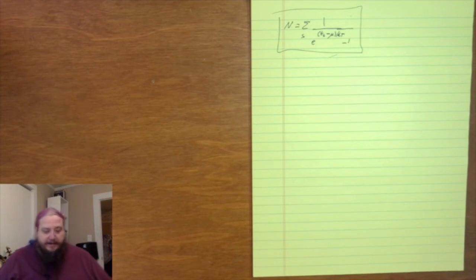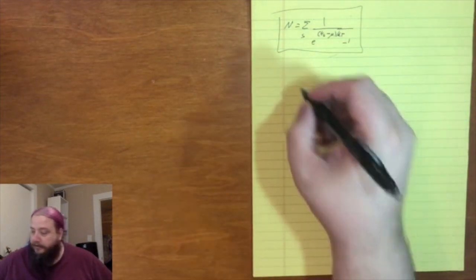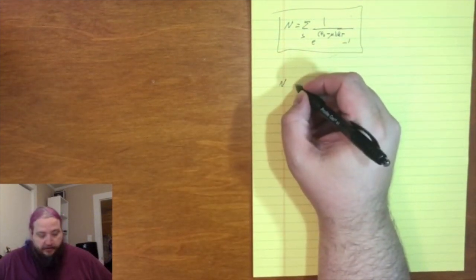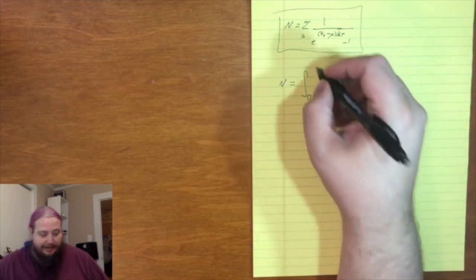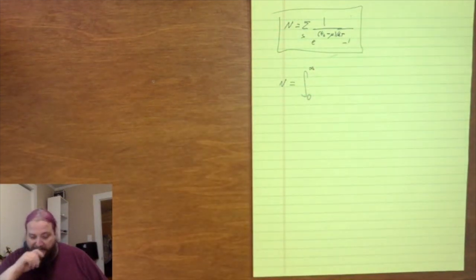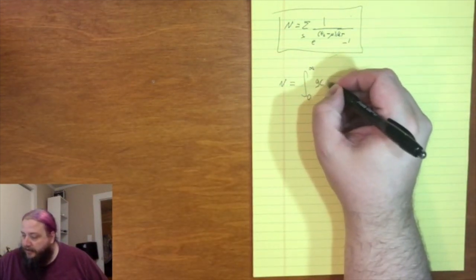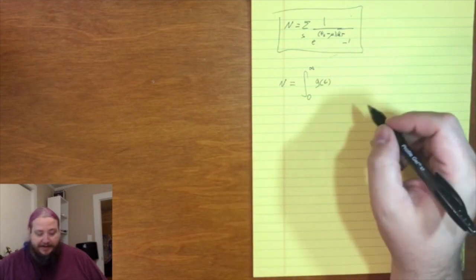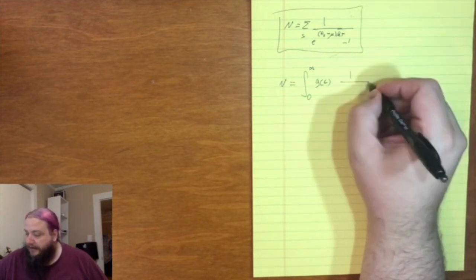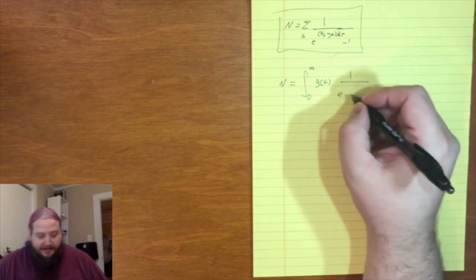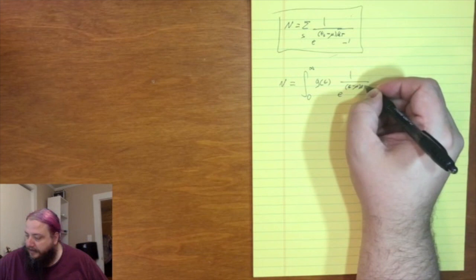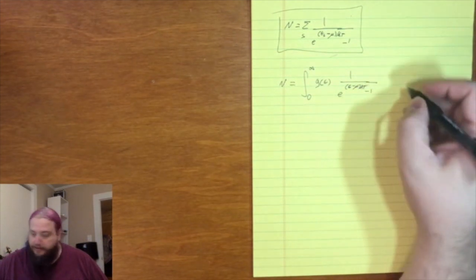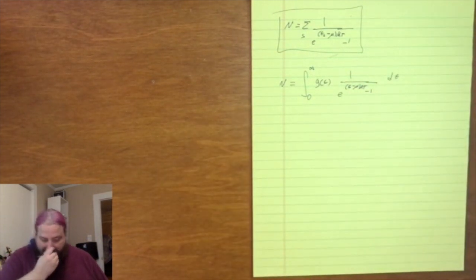In practice, at least sometimes, it's convenient to convert this sum to an integral, so we could try that. So we could convert this to an integral from 0 to infinity of the number of states, or the density of states at a given energy, and then integrate over all the energy states, of 1 over e to the energy minus chemical potential over kT, minus 1, integrate this in energy.